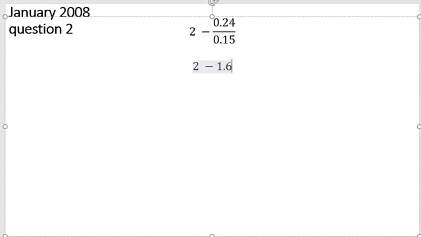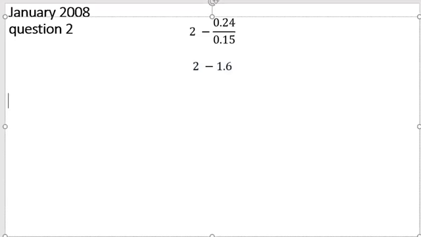So now we move to January 2008, but it's just part 2. The same January 2008, but I think this is question 2 on the January 2008, which is just another fraction question. Using your calculator, calculate the exact value of. So what you'll get is 2 minus, so it's now 0.24 divided by 0.15, and you will get 1.6.